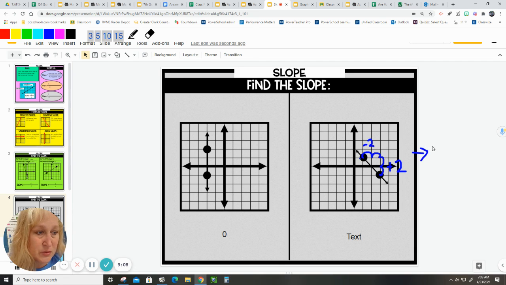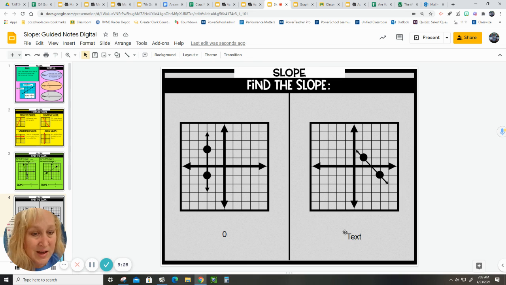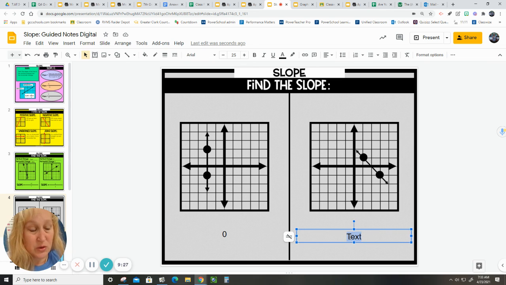So the rise over run will be -2 over 2. I can reduce by dividing the top by 2 and the bottom by 2, and I end up getting -1 over 1. You cannot just type -1 because you need to know what the rise and what the run is. -1 over 1.